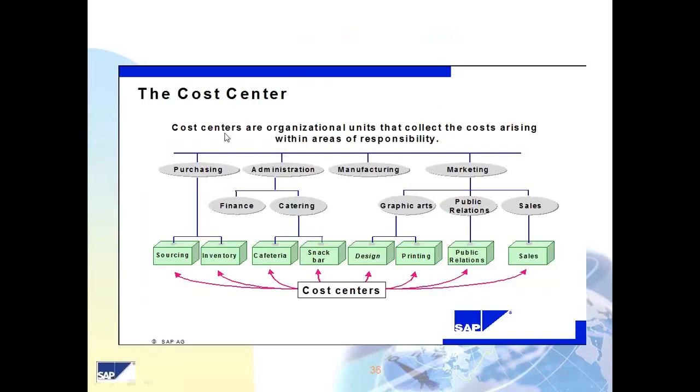So this is the cost center. We have different functions, and we maintain the cost center hierarchy based on the functions. Again, within each function you can maintain groups. Each group will have the cost centers.